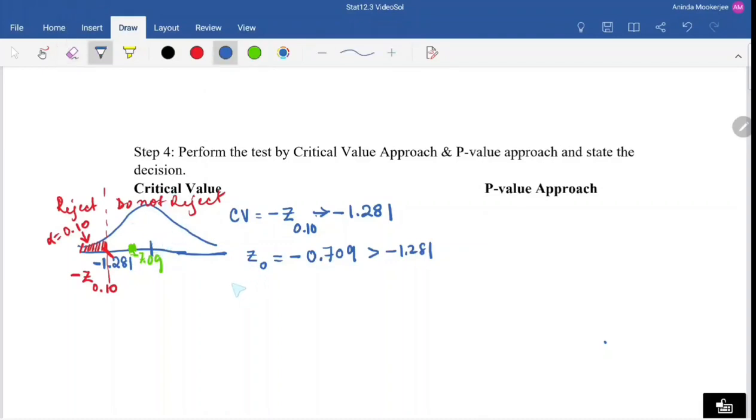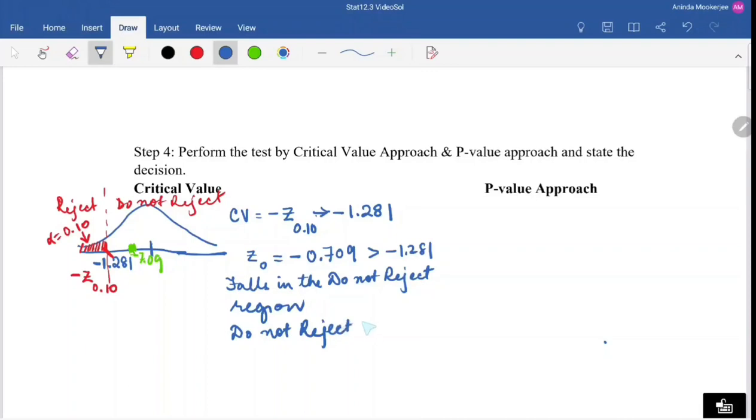So we have to say here falls in the do not reject region, and therefore the decision is going to be do not reject null hypothesis. So that's with the critical value approach.